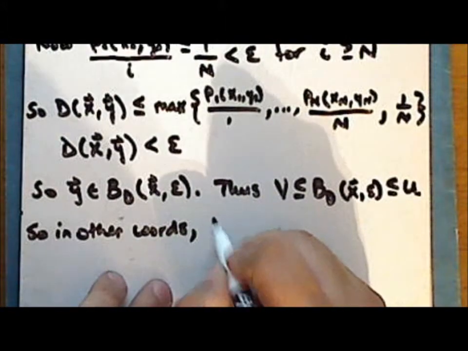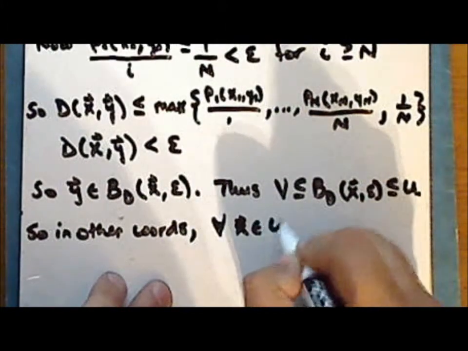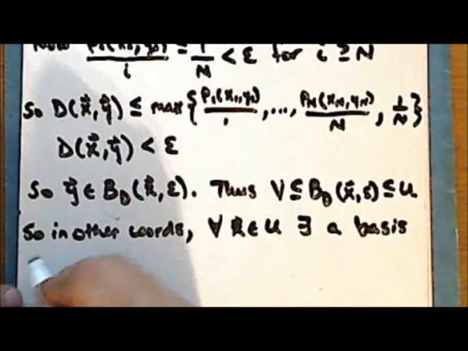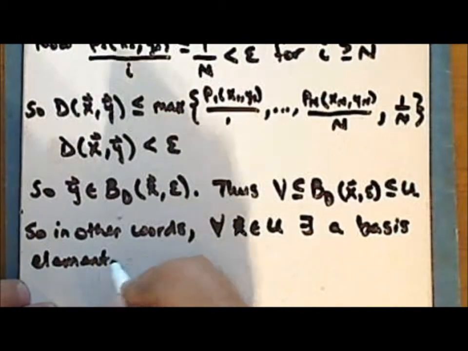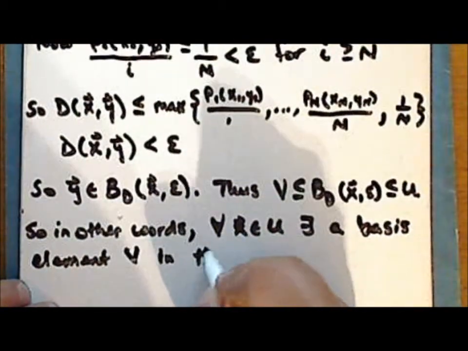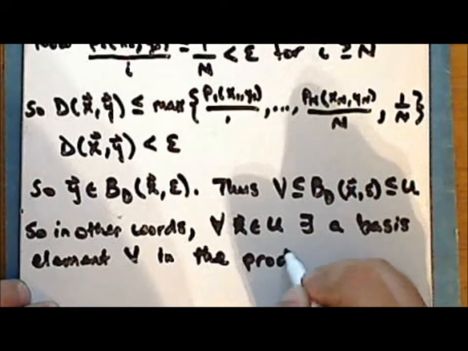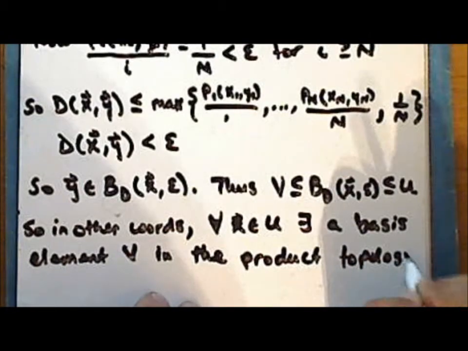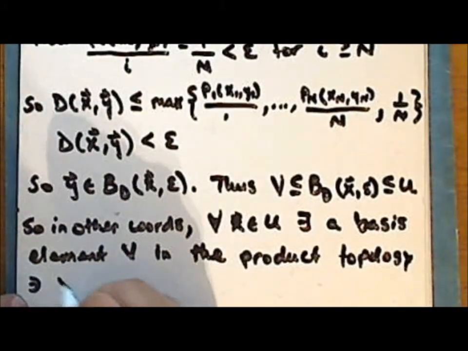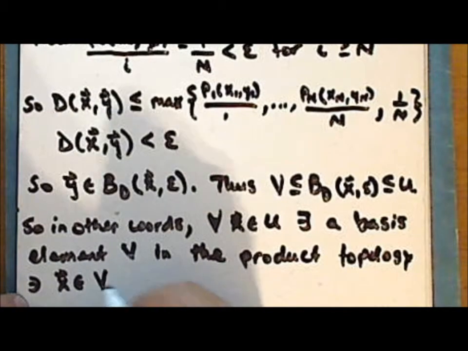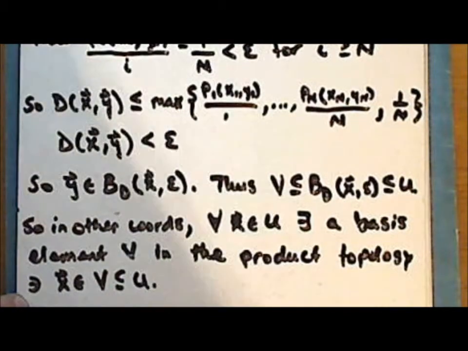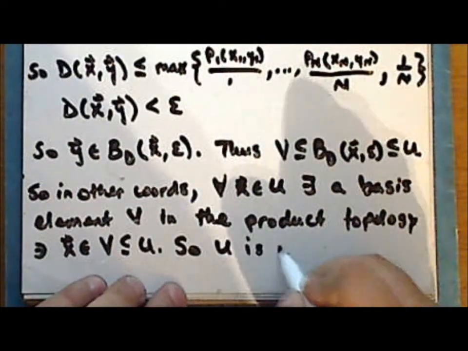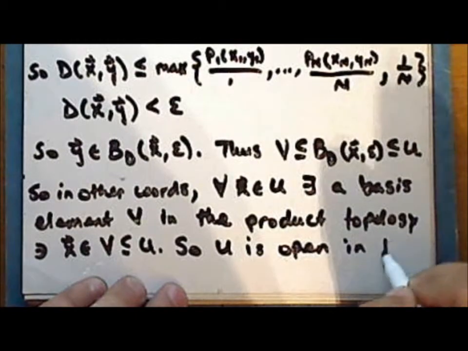We have that for every point x in the set U, there exists a basis element V in the product topology such that that point x is in the set V, which is a subset of the set U. And so the set U is open in the product topology.